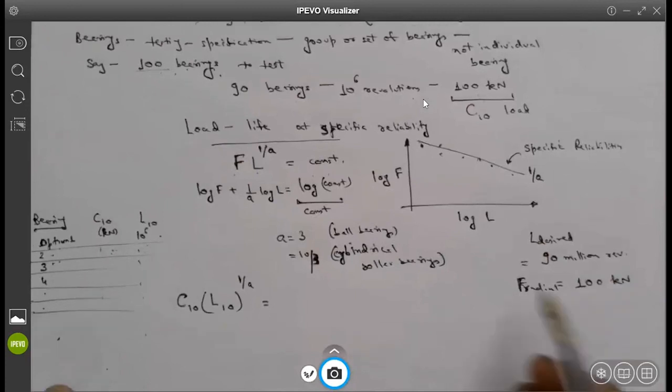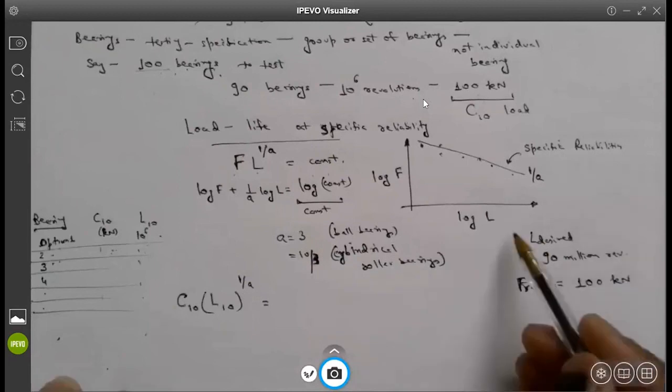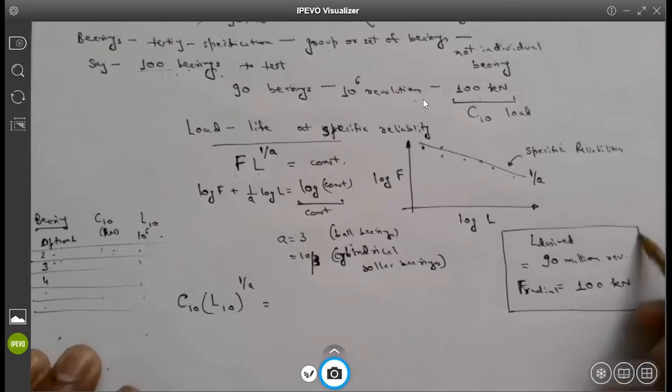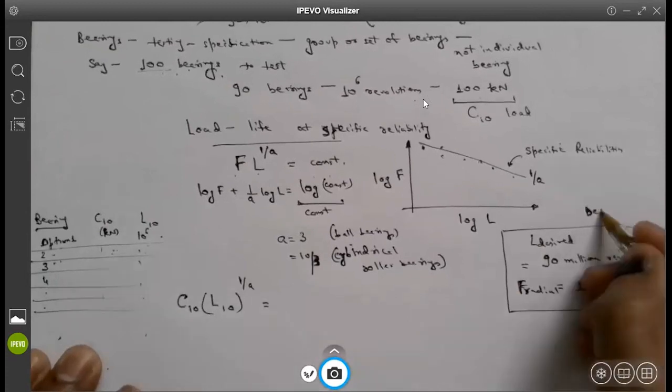So if this is my design condition, my design scenario, we will go into more depth about this situation, but let's say this is my design requirement.